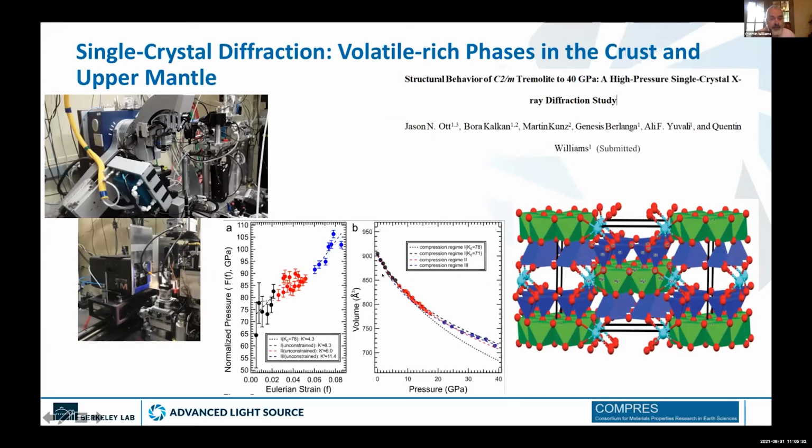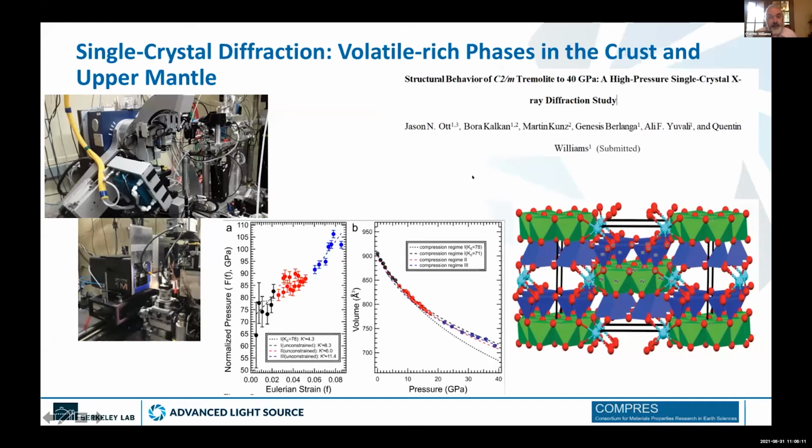And it appears to have a relatively nuanced but complex compressional mechanism, which is associated with the I-beam within the amphibole structure going from basically concave outward to basically flat to convex inward under compression. And that seems like an important aspect of metastable compression of a hydrous phase like the amphiboles. So again, this is the type of nuance that you cannot get from powder diffraction. It's critical to get the single crystal diffraction work.